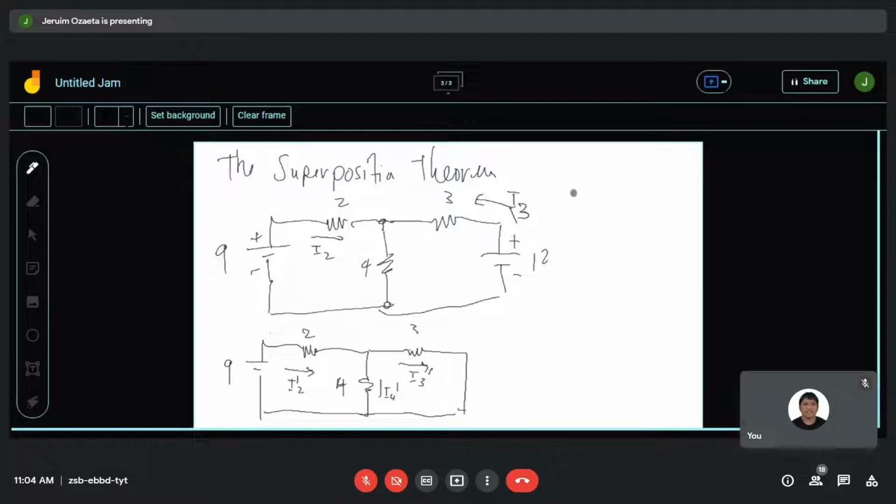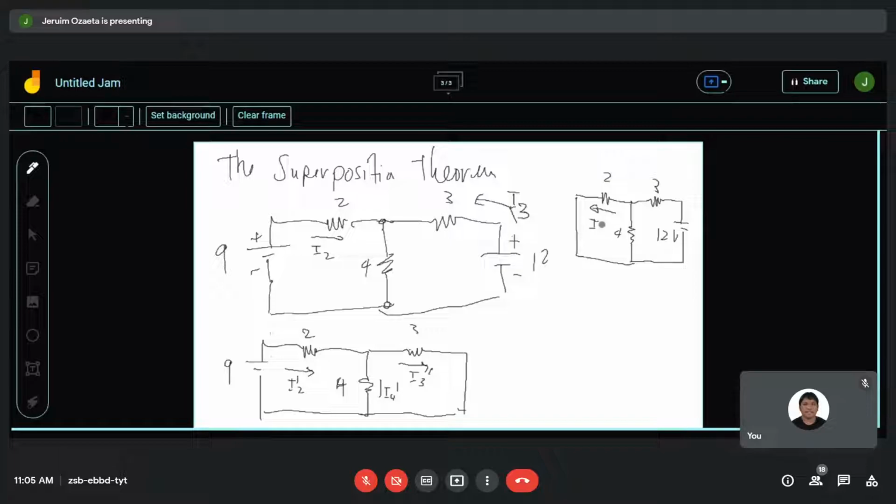If we redraw again the circuit, short-circuiting the other source, the 9 volt source this time, considering only the 12 volt source, 12 volts, 3 ohms, 2 ohms, 4 ohms, we have a current that is opposite in direction coming from the 12 volts.